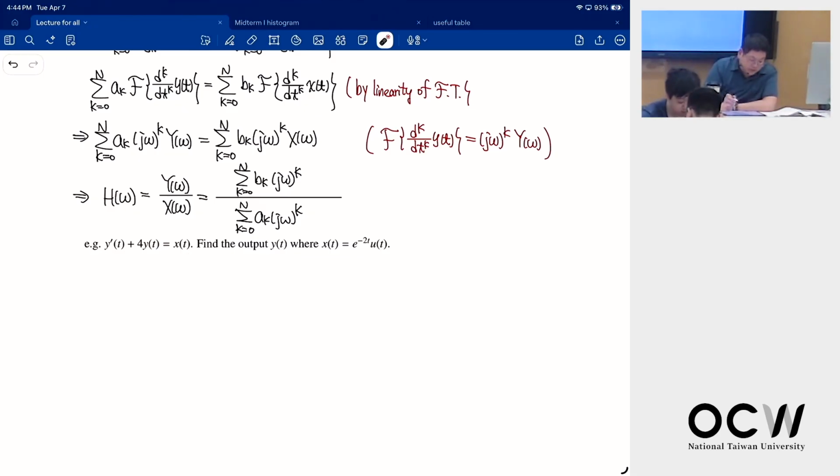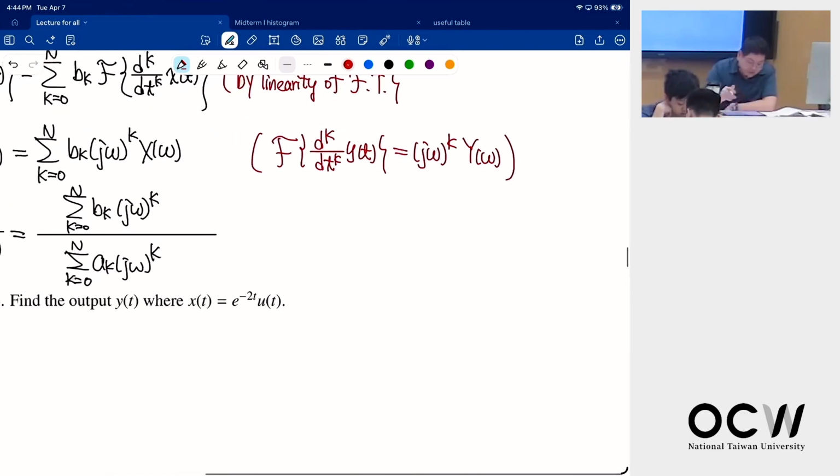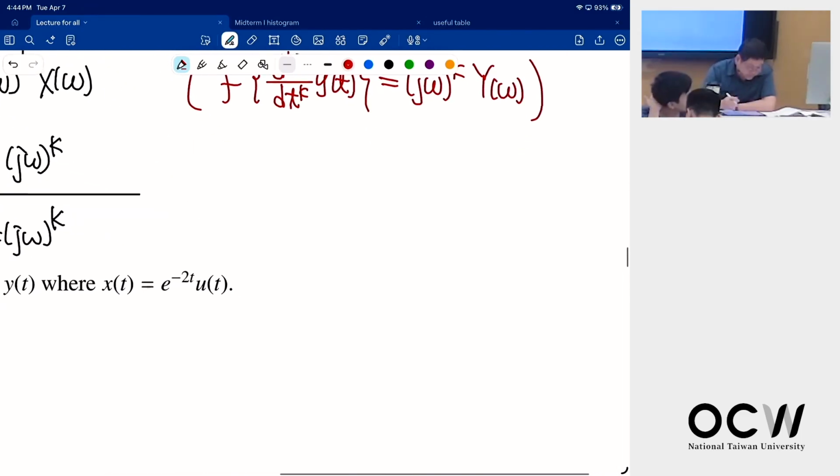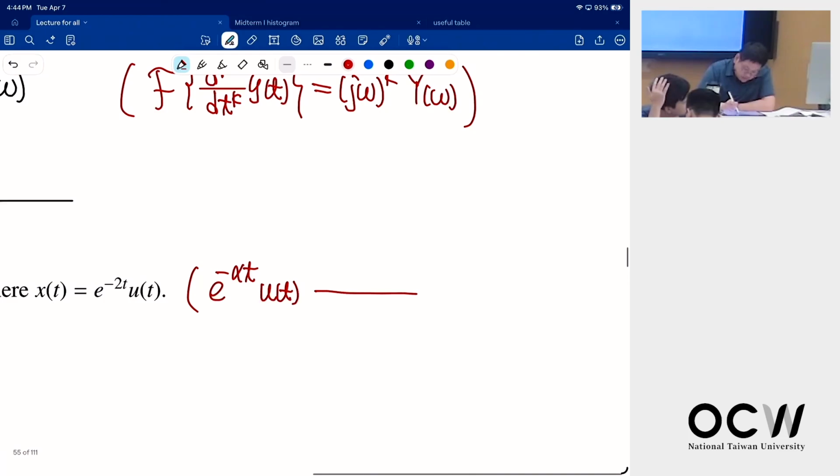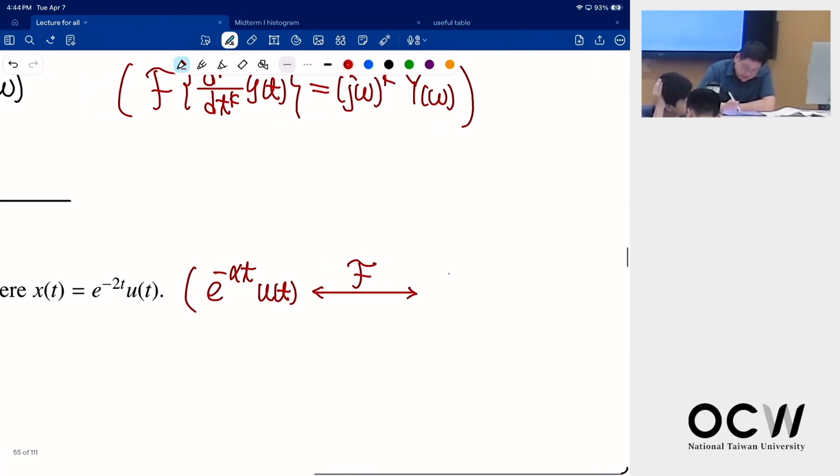If I have the exponential times the unit step function, you can check the table, and you will see e to the minus alpha t times the unit step function, their Fourier transform is 1 over alpha plus j omega.